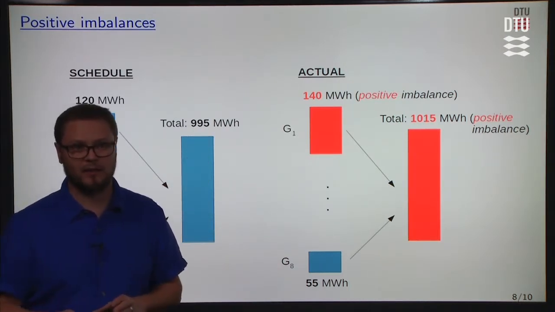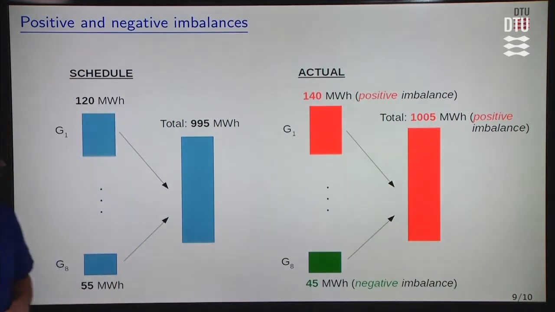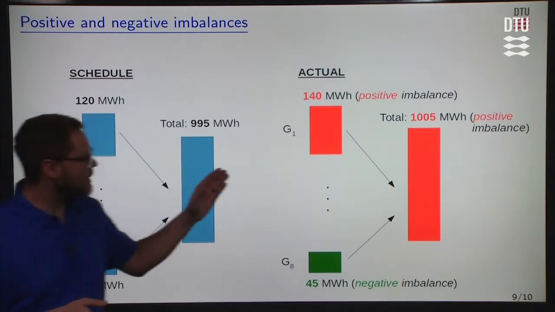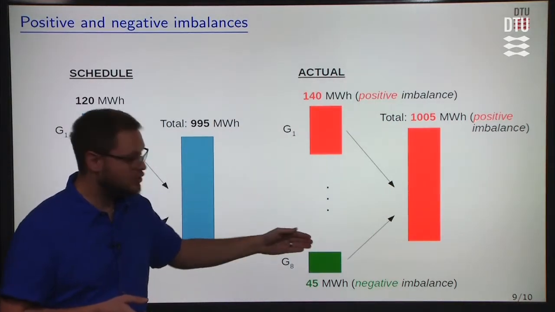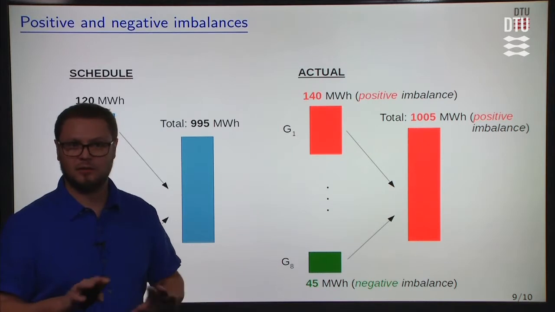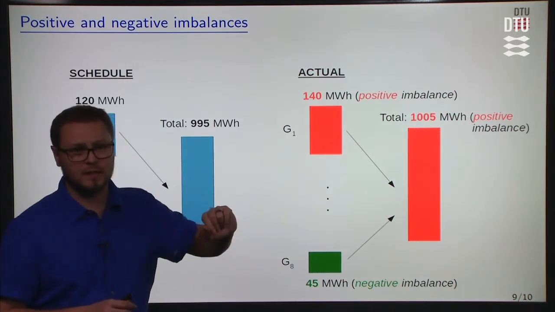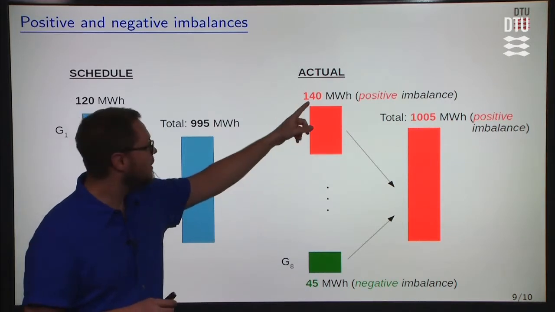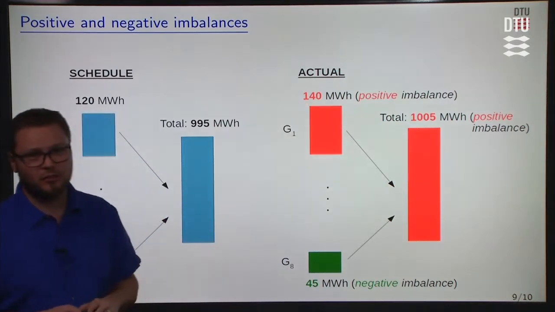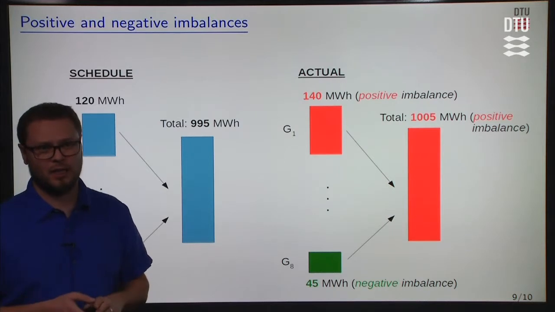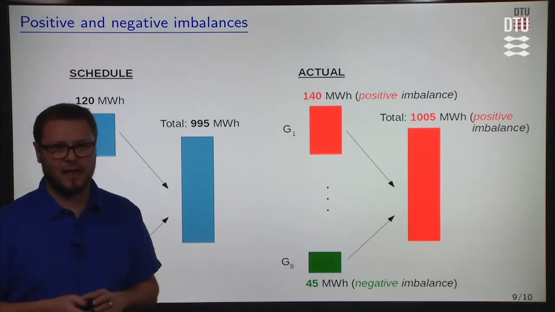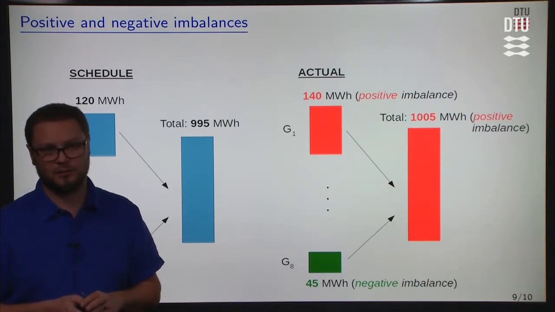Let's now combine things a little bit. Based on this original schedule, we could imagine that, let's say, G2 to G7 have no imbalance. Nothing has changed. But for G1, again, due to a forecasting error for the wind farm, we reach an actual delivery of 140 megawatt hours. So G1 is again in a positive imbalance situation.